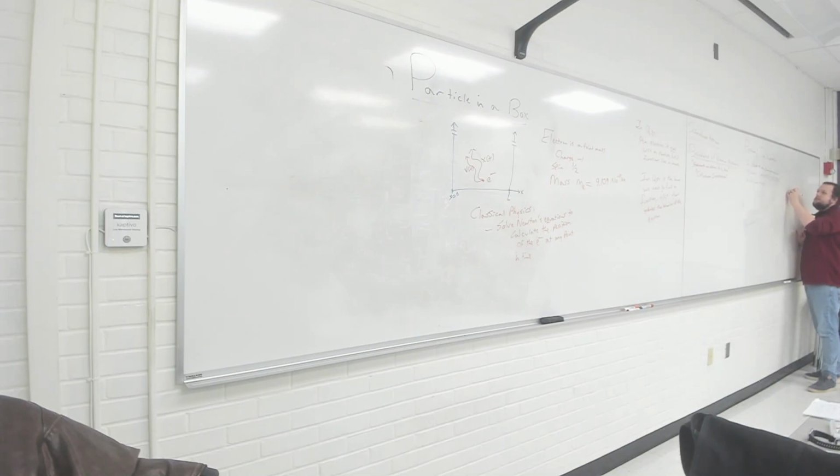But let's say it's between x and x plus dx. Okay, so let's ask the question. Actually, let me ask this: what is the probability of finding the particle, or finding the electron, between x and x plus dx.